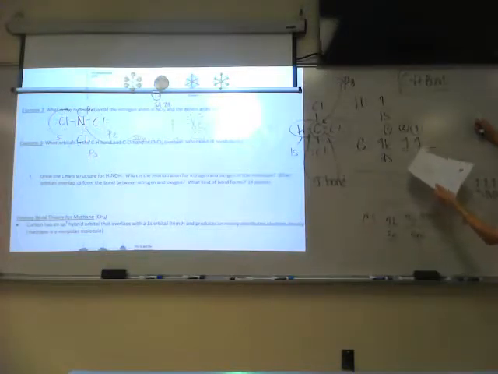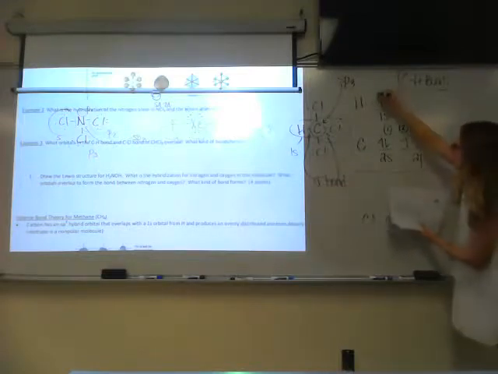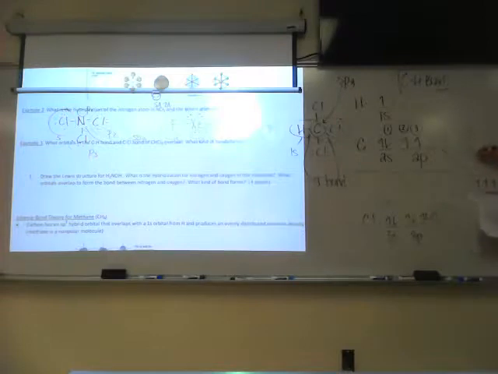These 4 electrons in carbon's valence shell overlap with electrons from hydrogen and chlorine to create sp3 hybridization. This electron overlaps with one of them, okay? And then you have 3 electrons from chlorine overlapping to make your sp3.